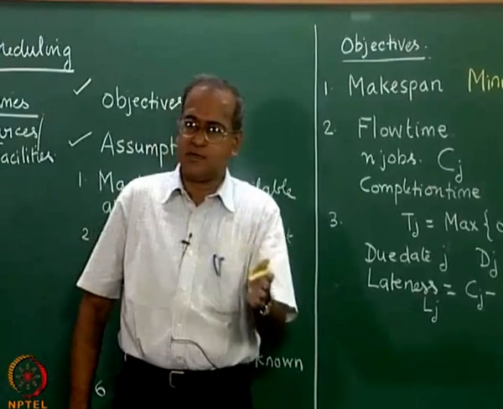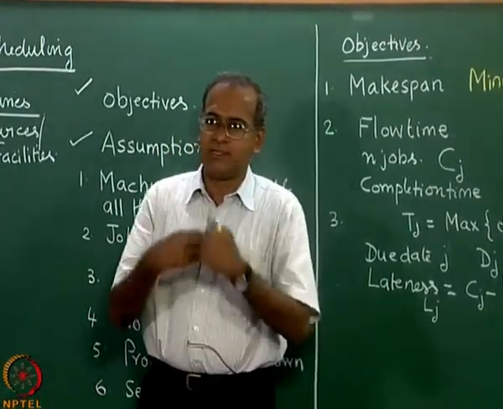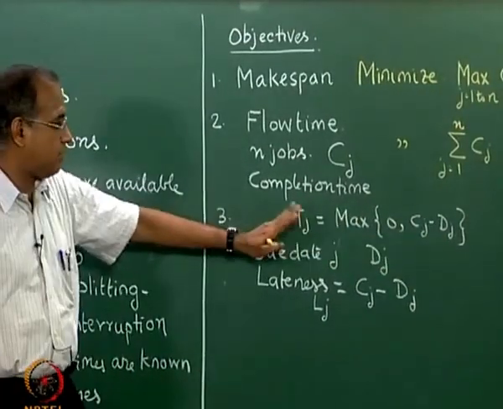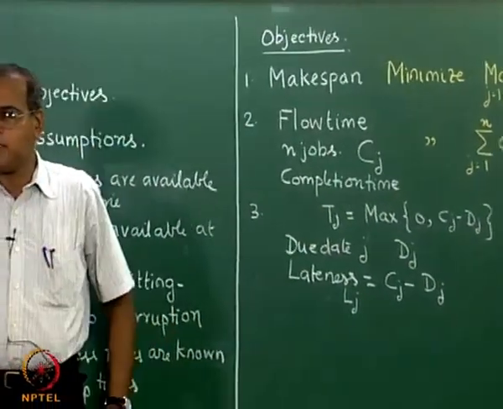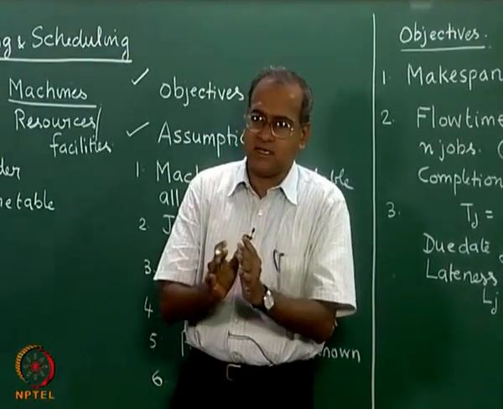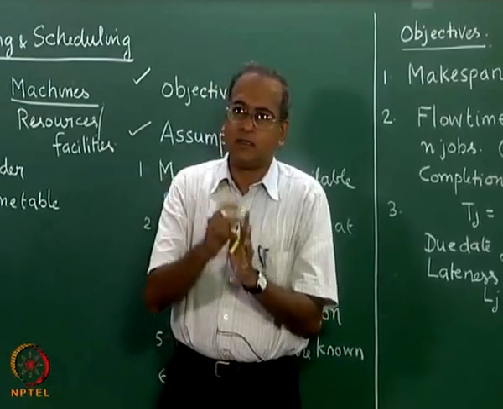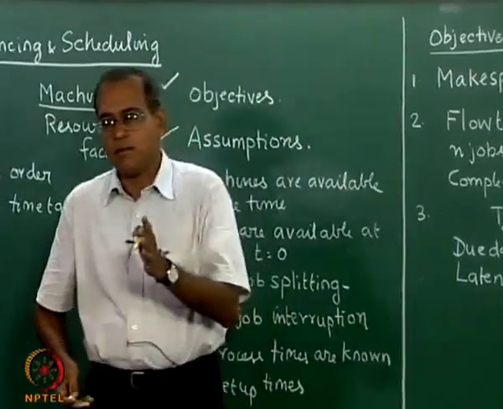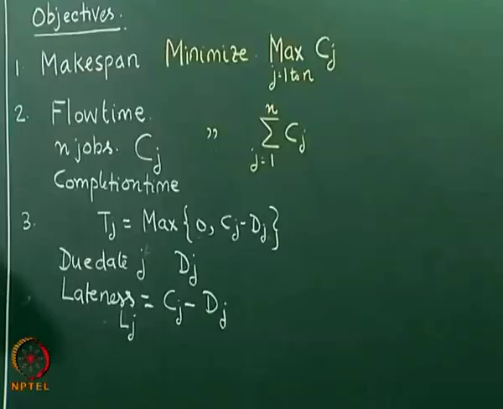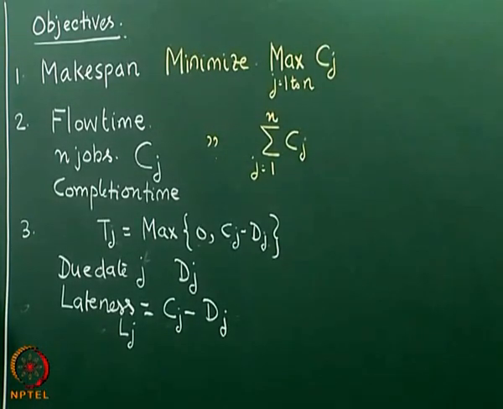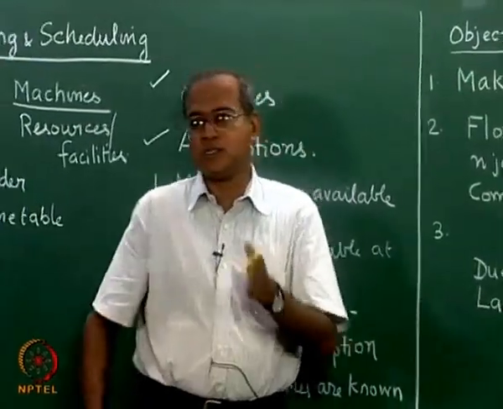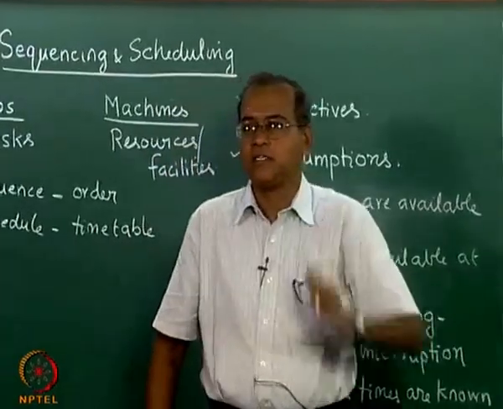If Cj minus Dj is positive, the job is late and tardy, then this will take a positive value and therefore Tj will be equal to that. So each job now has a Tj. This Tj can be either 0 or positive. We are concerned about this Tj being positive, and that positive Tj represents the delay, or the extent to which the job goes behind the schedule.